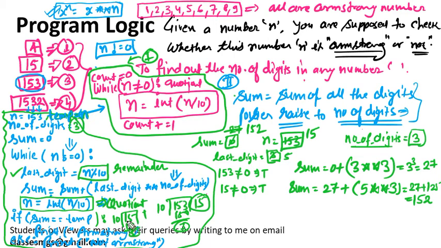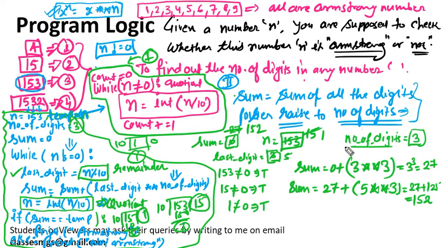Now this number will be divided by 10. The quotient will be 1, so the n value will become 1. Again the loop will continue, 1 is not equal to 0, so the condition is true. Again the last digit will be calculated. If we divide the number 1 by 10, you will get the remainder 1 and the quotient 0, because this is the rule in mathematics: if the dividend is less than the divisor, the remainder will be the dividend itself.